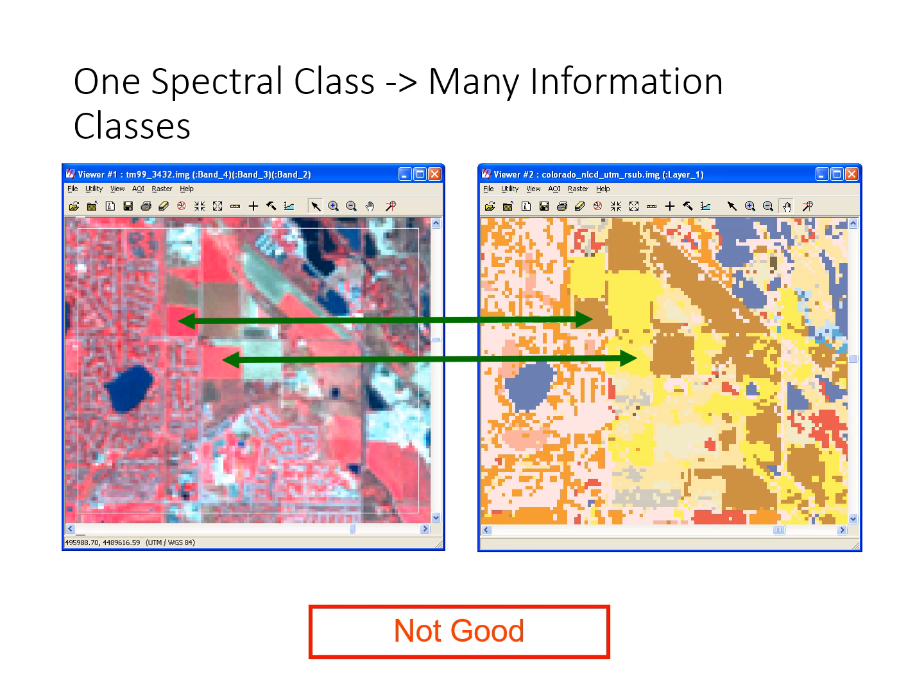So what we see here is that we have 2 very similar spectral conditions associated with 2 different information classes. And that's where we get into trouble, because then in our classification, we have to try to find ways to develop rules of one sort or another to separate out the 2 classes.